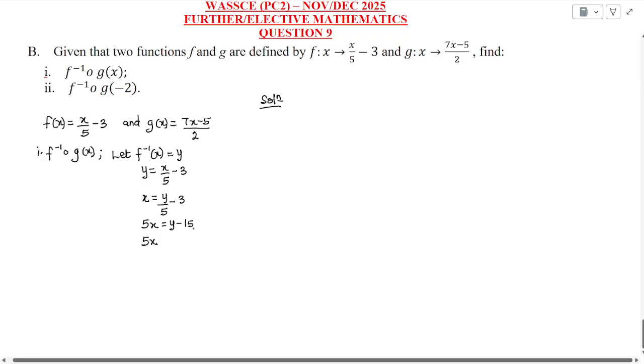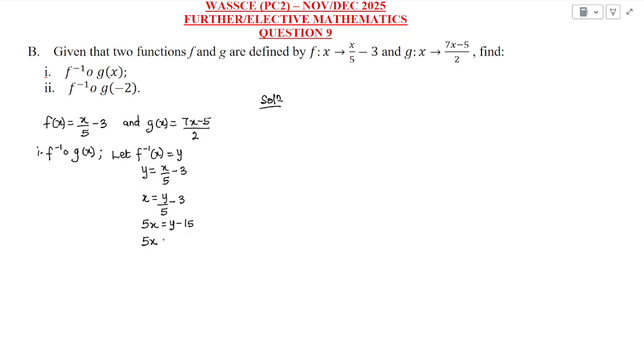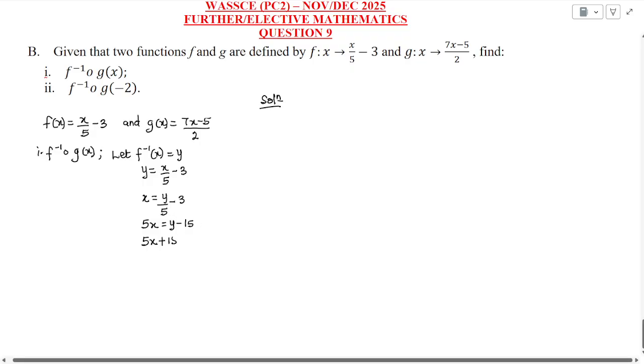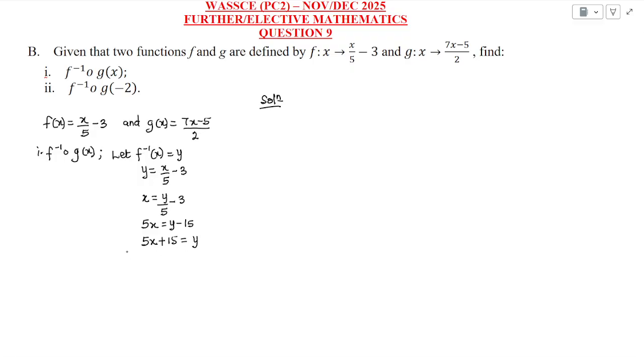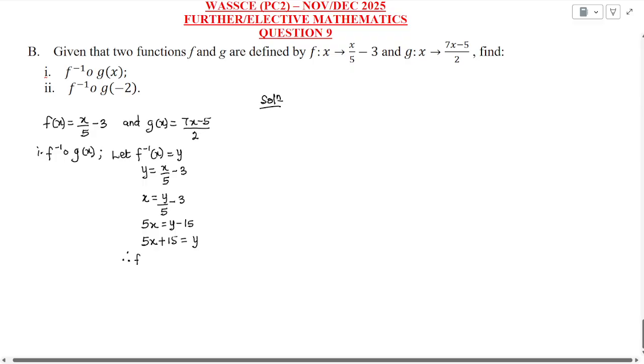Making y the subject means I'm going to add 15 to both sides of the equation, since I have negative 15 here. So 5x plus 15 equals y. Since I know that the inverse of the function f is y, I can therefore state that f inverse of x gives me 5x plus 15.